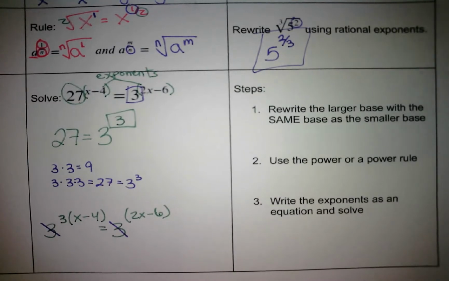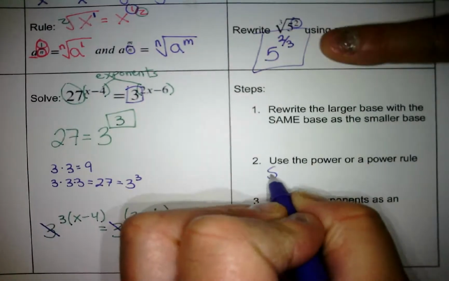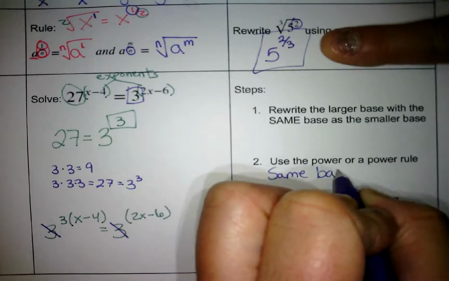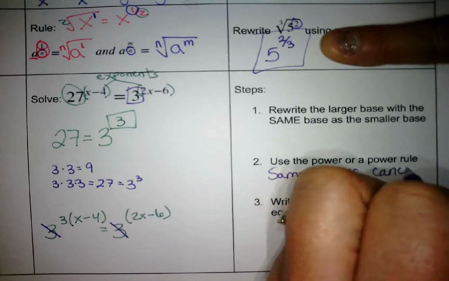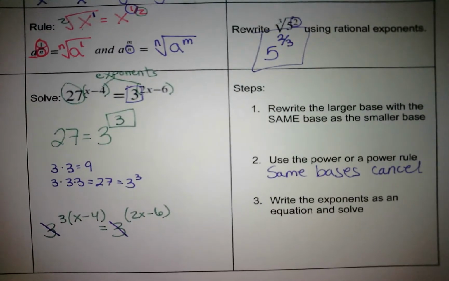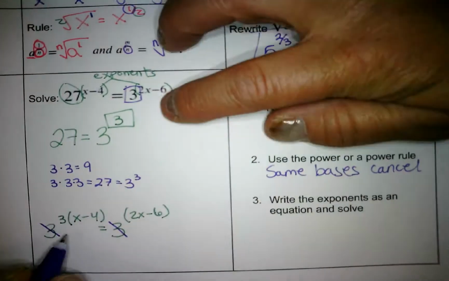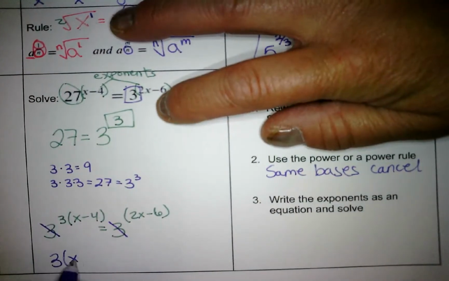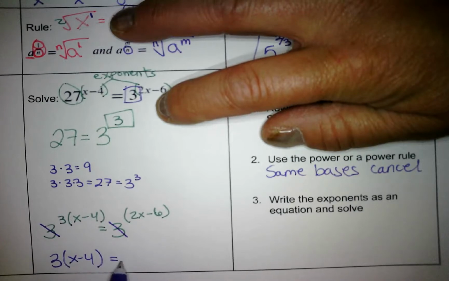We get into a lot more detail on this in Algebra 2, but we just want to introduce you to it right now. So now all we're left with is 3 times x minus 4, and that equals 2x minus 6. Now it's just a regular equation that we can solve. So let's go ahead and solve it.